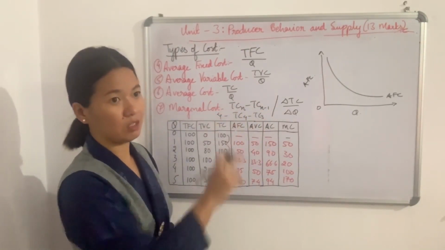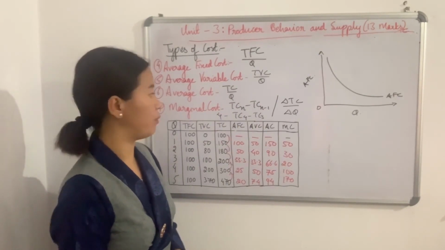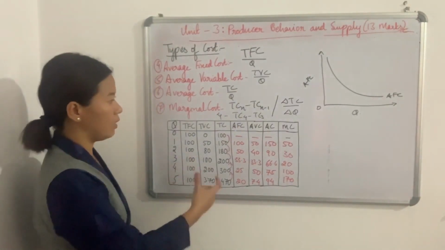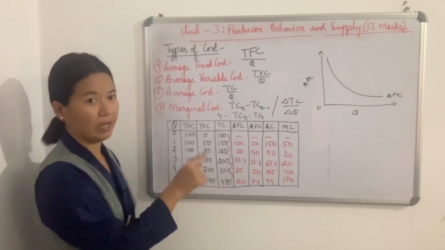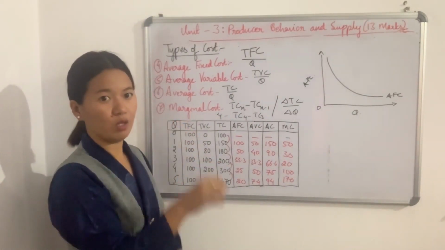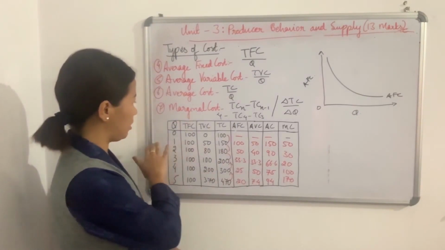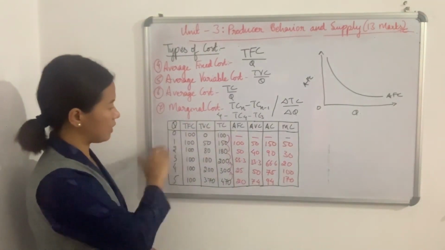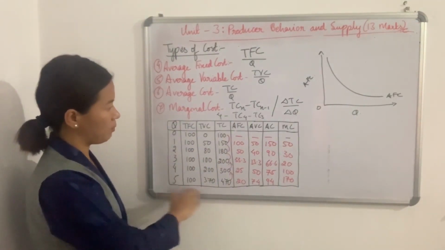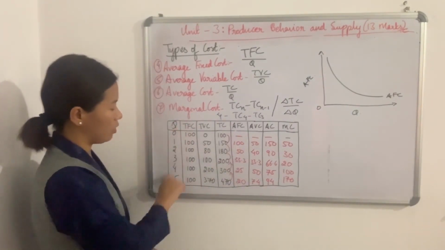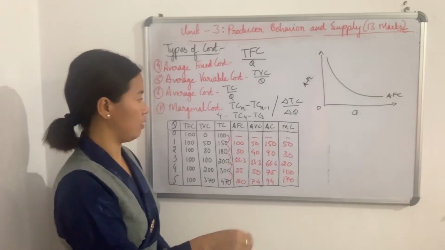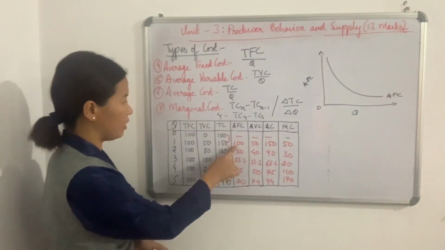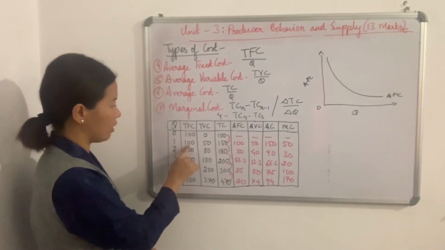And AFC is also called a rectangular hyperbola, because when we multiply AFC by quantity at various levels of output, we get the same value. For example, when I multiply 100 into 1, I get 100.